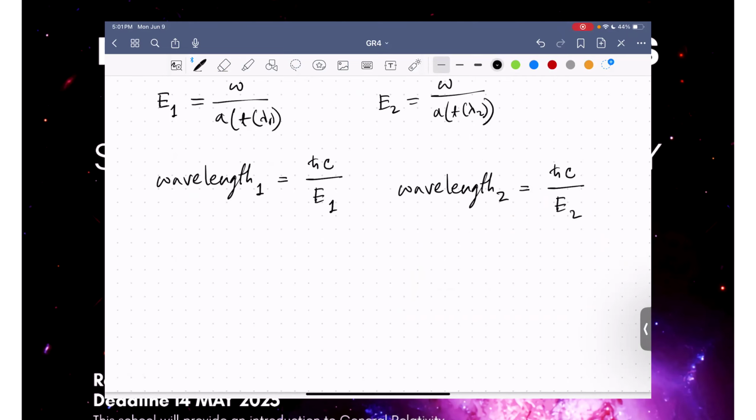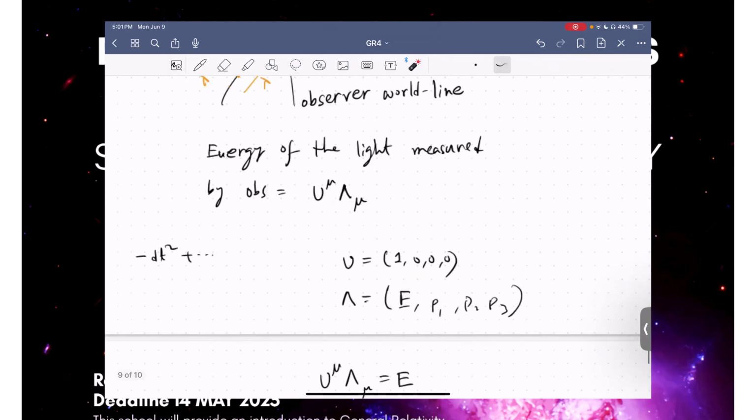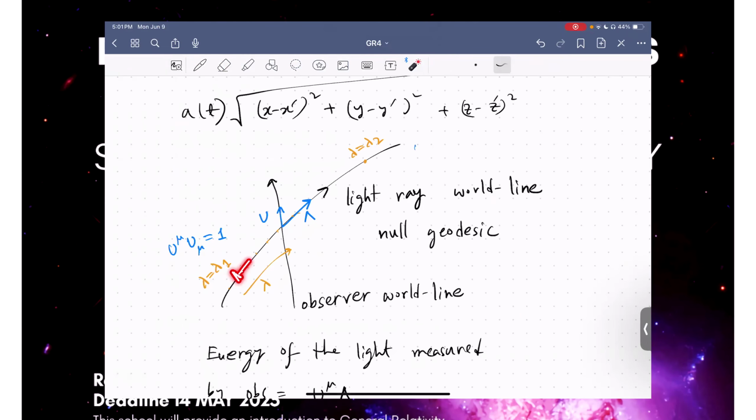So if I now compute the redshift, suppose that the light source was emitted at time 1 and observed at time 2, right? So suppose this is the entirety of the null geodesic. So here the light source was created and here it was observed.